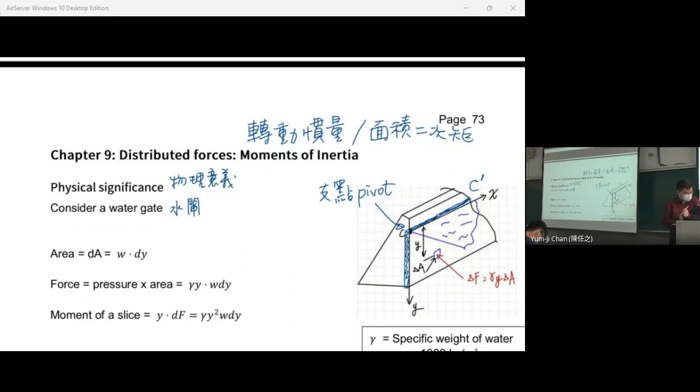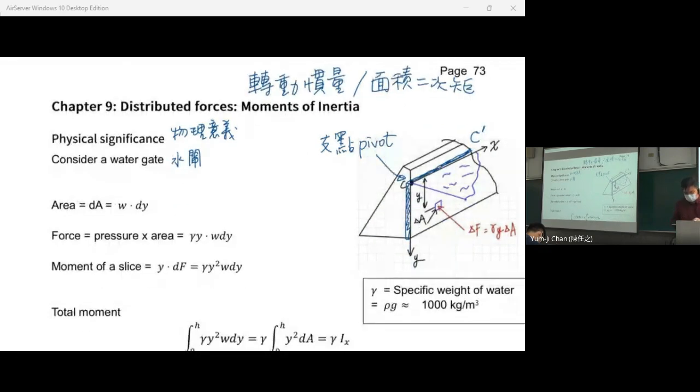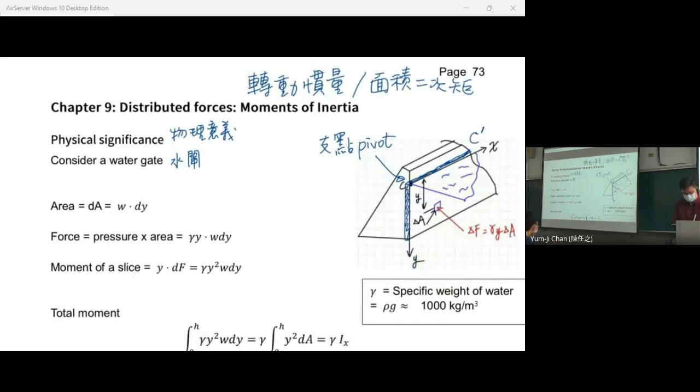Now we want to determine the total moment about C and C prime. That is what we want to know.